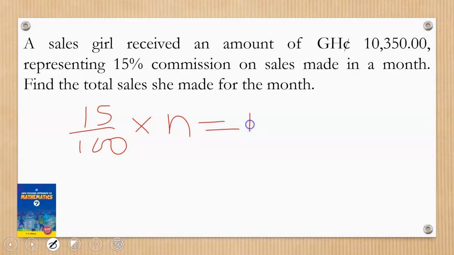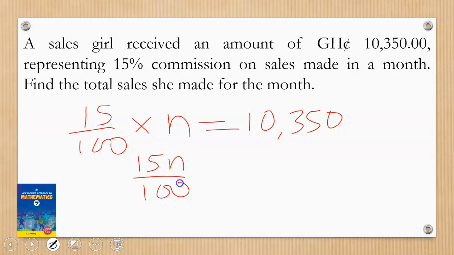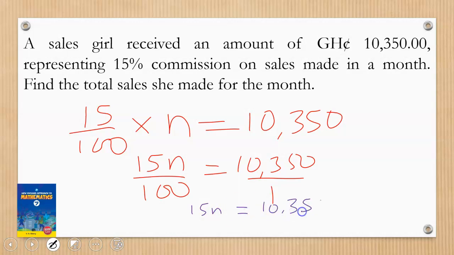But the commission the person made was 10,350. So a salesgirl received an amount of 10,350 cedis, representing 15% commission on the sales she made in the month. What is the total amount she made before she received this money as commission? We do a simple calculation here. 15n divided by 100 is equal to 10,350. If you do cross multiplication and make n the subject, we have 15n equals 10,350 times 100.